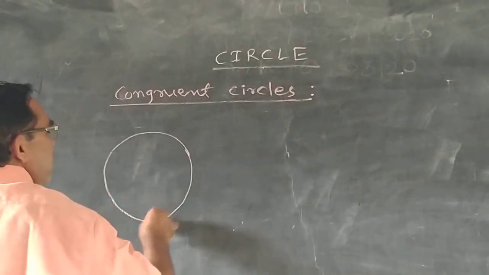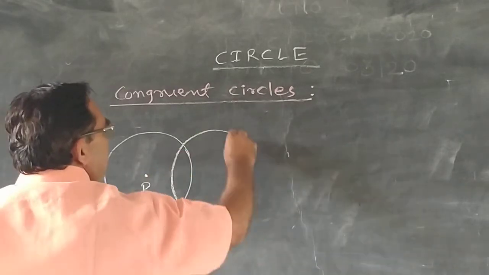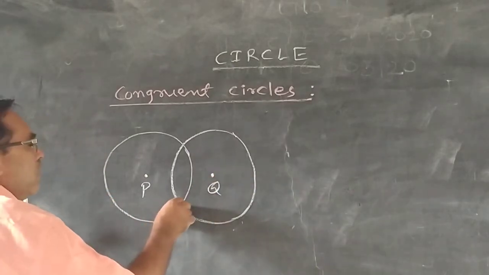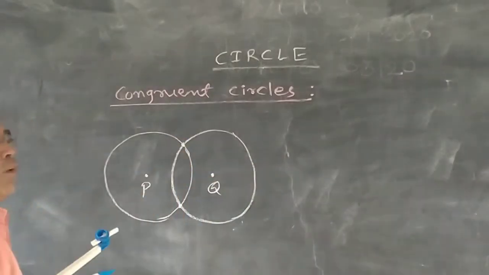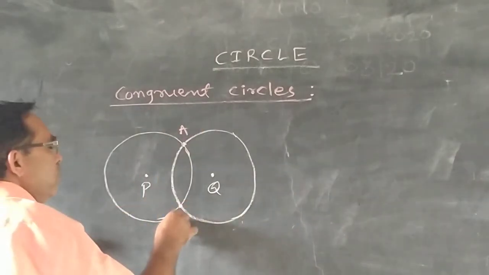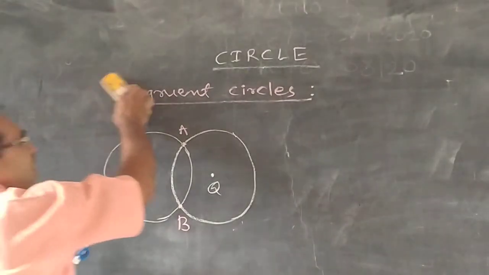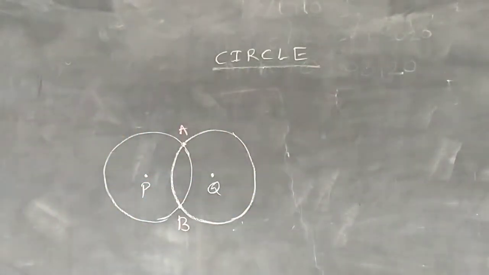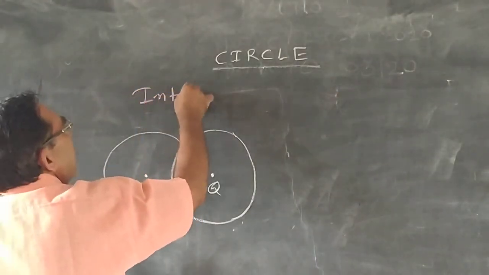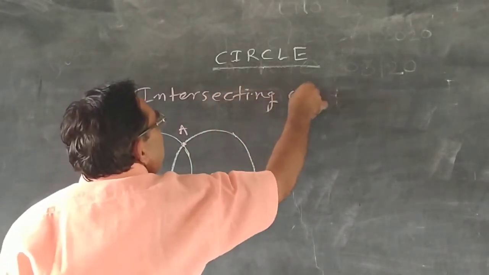This is one circle with center P and another circle with center Q. They intersect each other at 2 points, that is this point A and this point B. It is called intersecting circles.